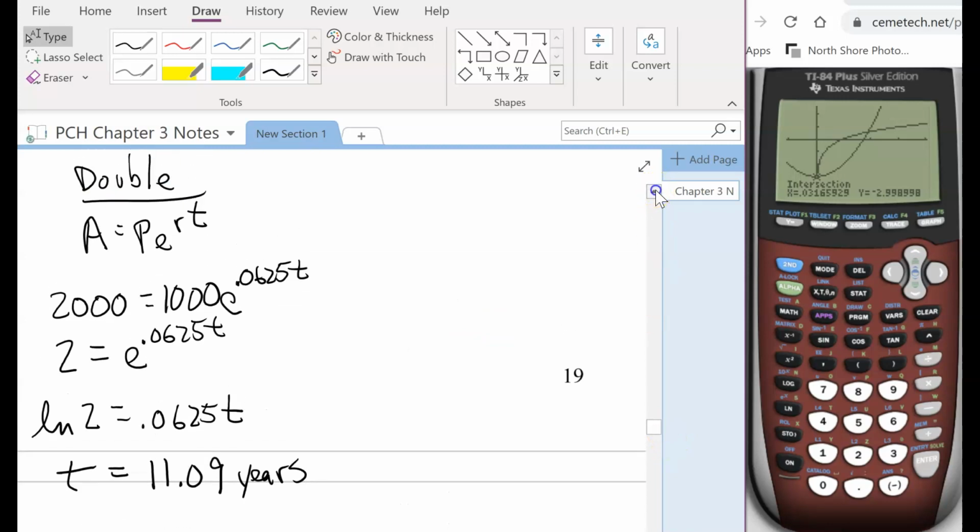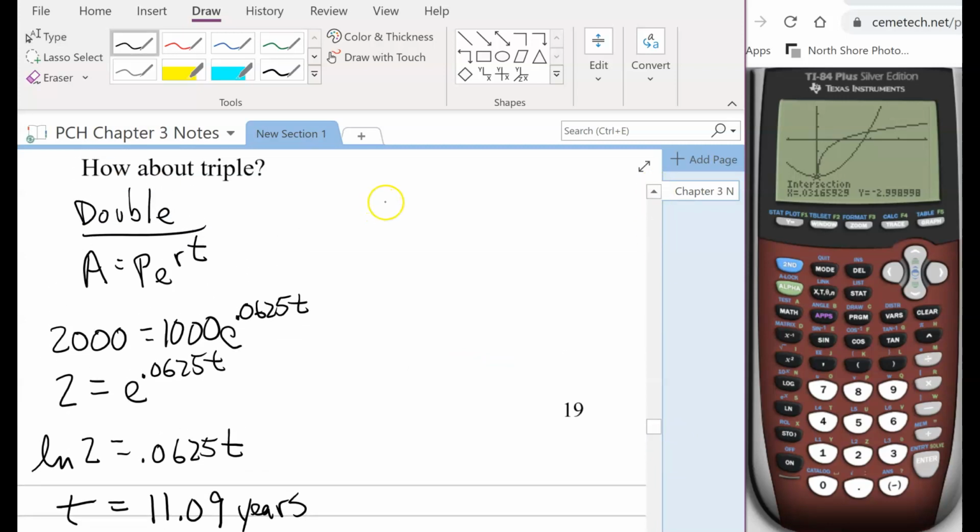Alright, and for it to triple, so if we notice here, it doesn't really matter what amount we start with. This number here represents doubling, so if I want to represent tripling, I would just start with a 3 there. So I've got 3 is equal to E to the 0.0625 T. Again, if you want to start with 1,000 and make that 3,000, feel free to do that.